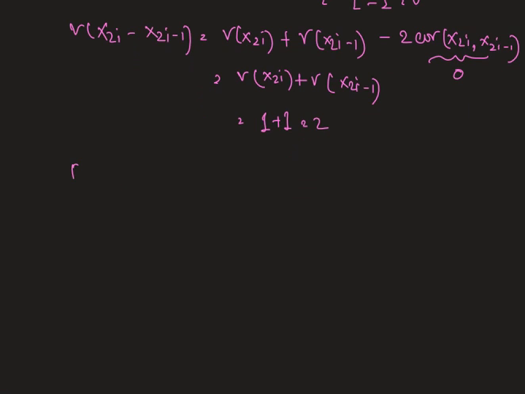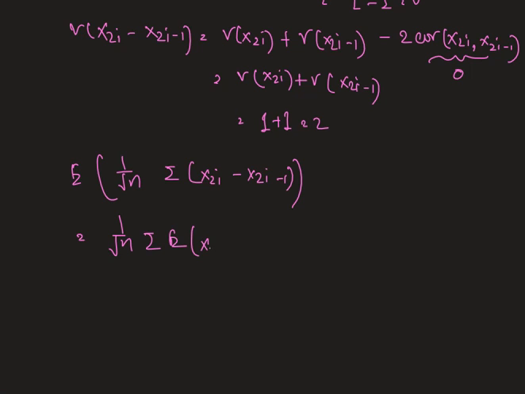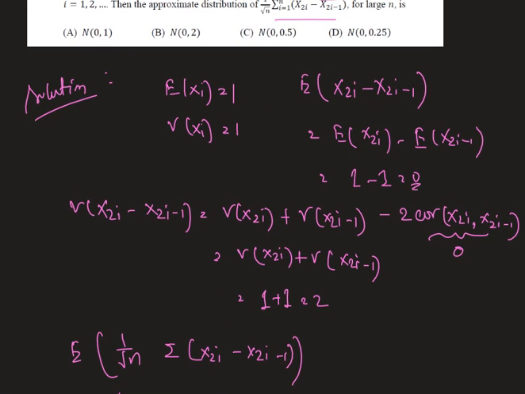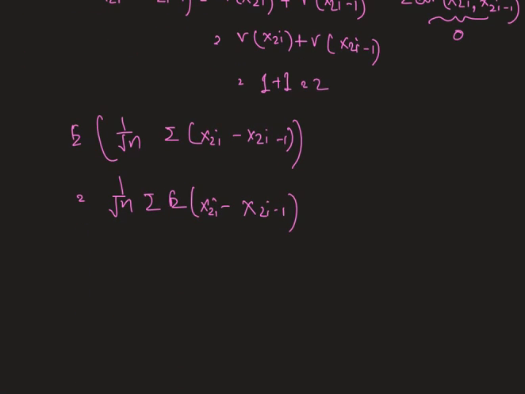Now let's find the expected value of the given expression, that is 1 by root n sum over X2i minus X2i minus 1. Hence this reduces to 1 by root n sum over the expectation of X2i minus X2i minus 1, and we already have that this expectation is equal to 0. Hence expectation of 1 by root n sum over X2i minus X2i minus 1 is equal to 0.